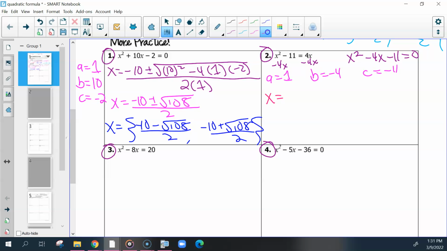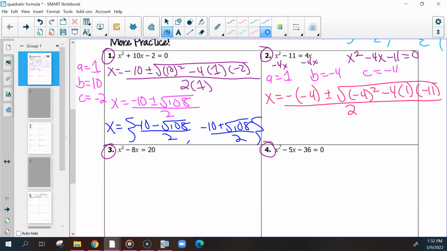So x equals negative b. I put b, I meant negative 4. Plus or minus the square root of b squared, negative 4 squared, minus 4 times your a value, which is 1, times your c value, negative 11, all over 2 times your a value.